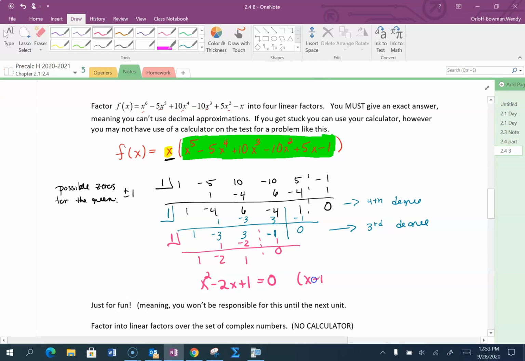And that factors to that. So now 1 is a multiplicity of 5. So I should have said 6 linear factors.